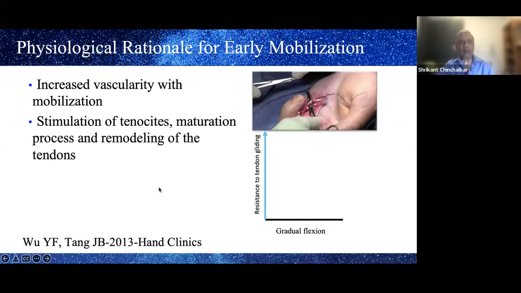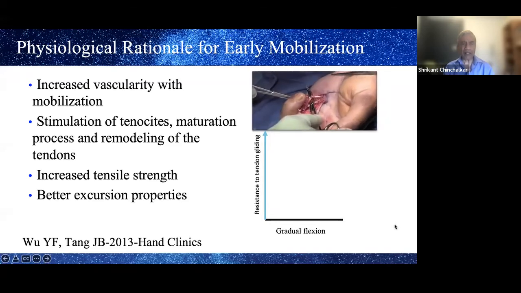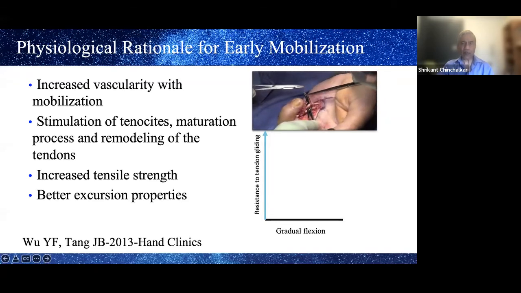It helps in stimulation of the tenocyte maturation process and helps in remodeling the tendons. And of course, it gives us a better tensile strength of the tendon because of the early active motion that is being performed. And we have better excursion properties and superior results.